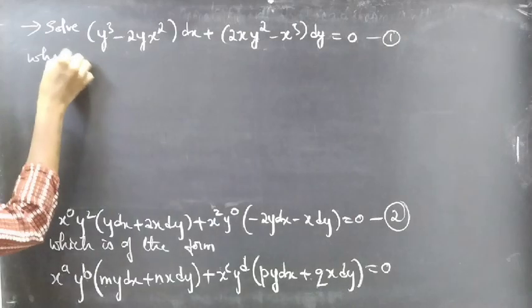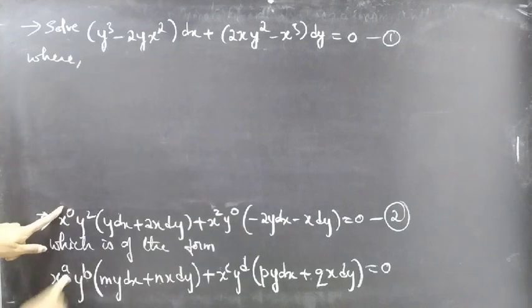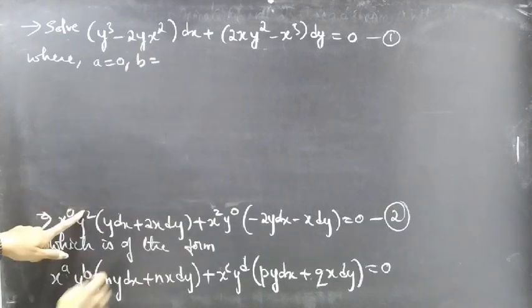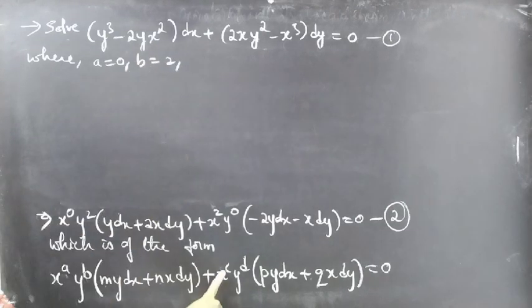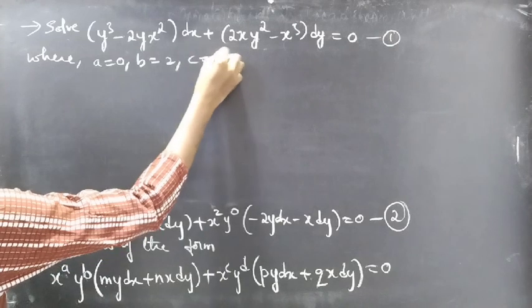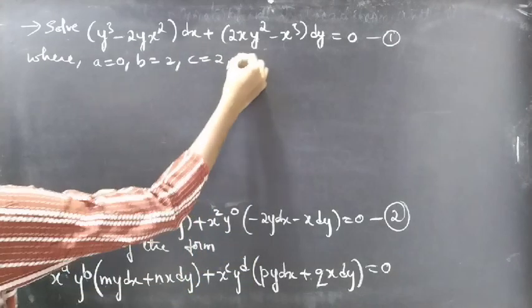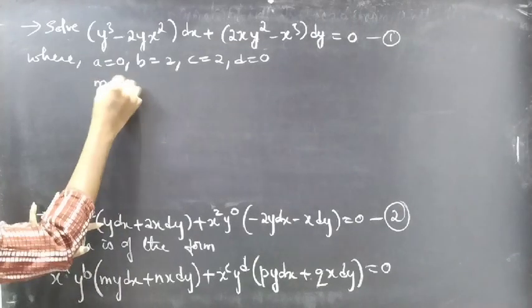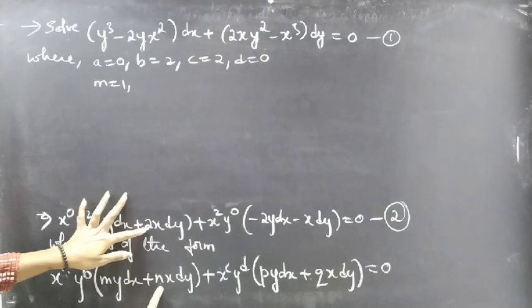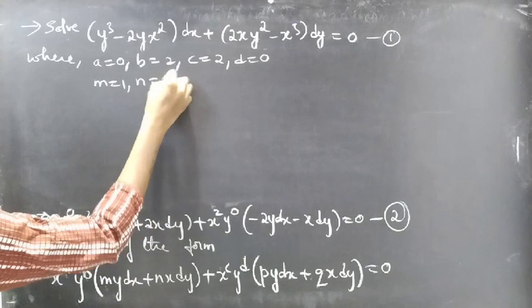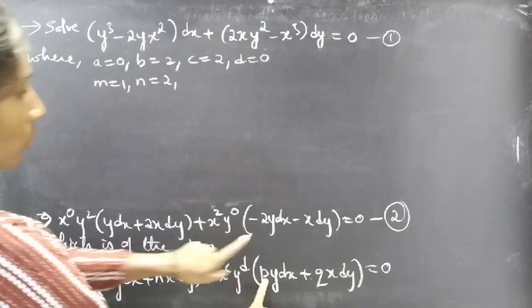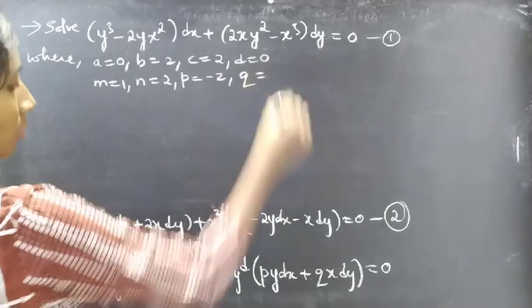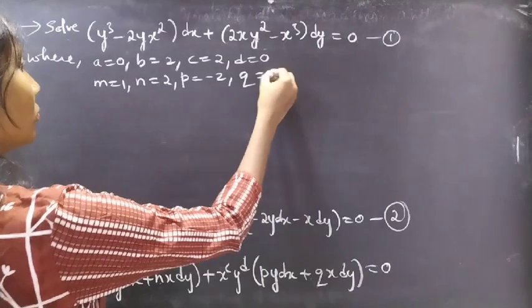Where a equal to 0, b equal to 2, c equal to 2, d equal to 0, m equal to 1, n equal to 2, p equal to minus 2, q equal to minus 1.